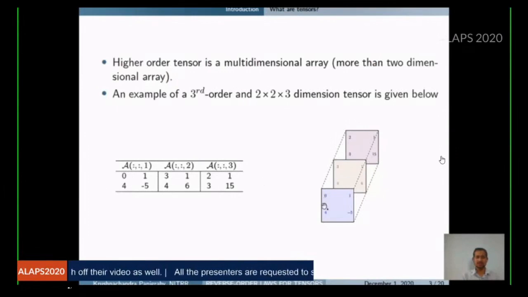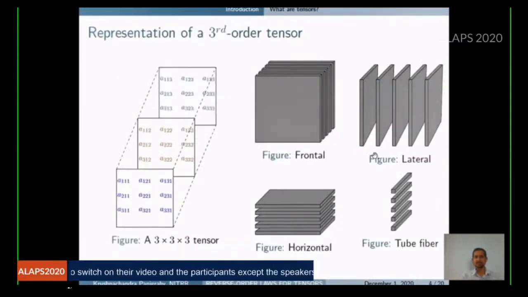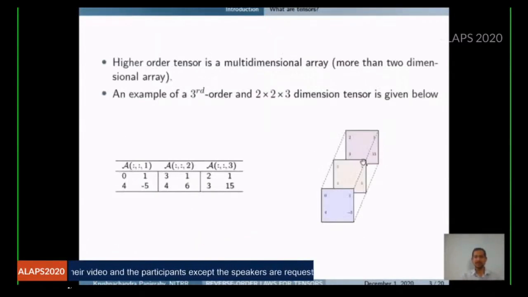While if we see in this way, 0, 4, 3, 4, 2, 3, if we take these three together, then this is a lateral slice. In this way, if you choose, this becomes a lateral slice. Also another lateral slice here is 1, minus 5, 1, 6, and 1, 15. And the horizontal slices here are 0, 1, 3, minus 3, 1, and 2, 1. This is a horizontal slice.